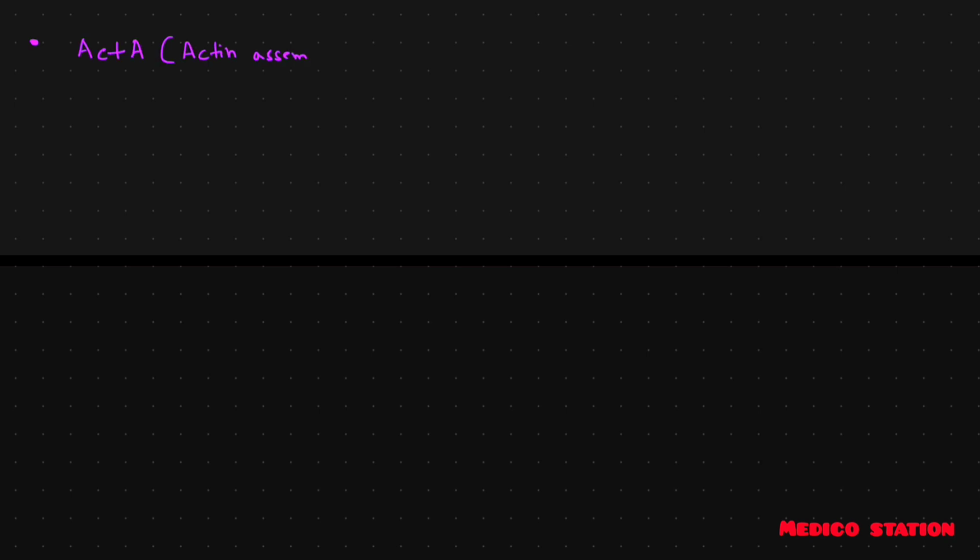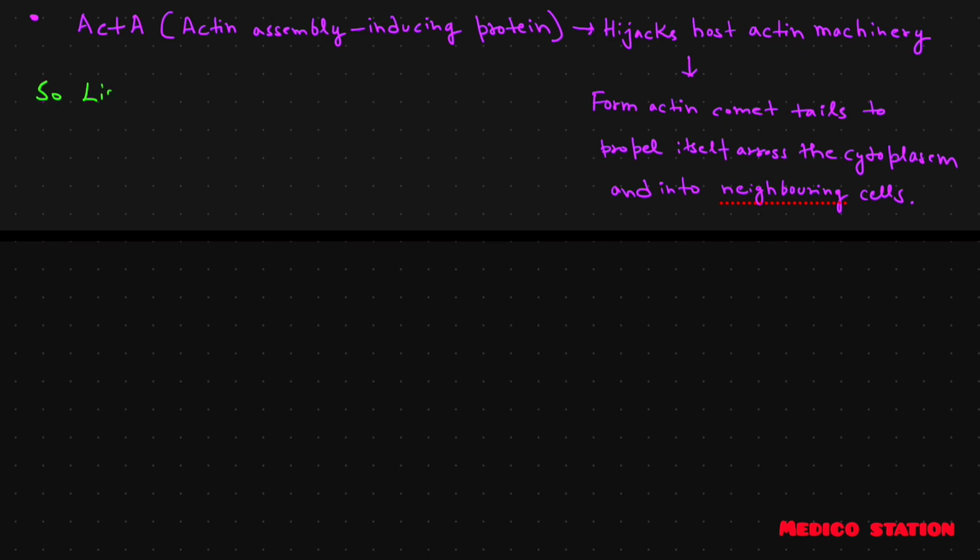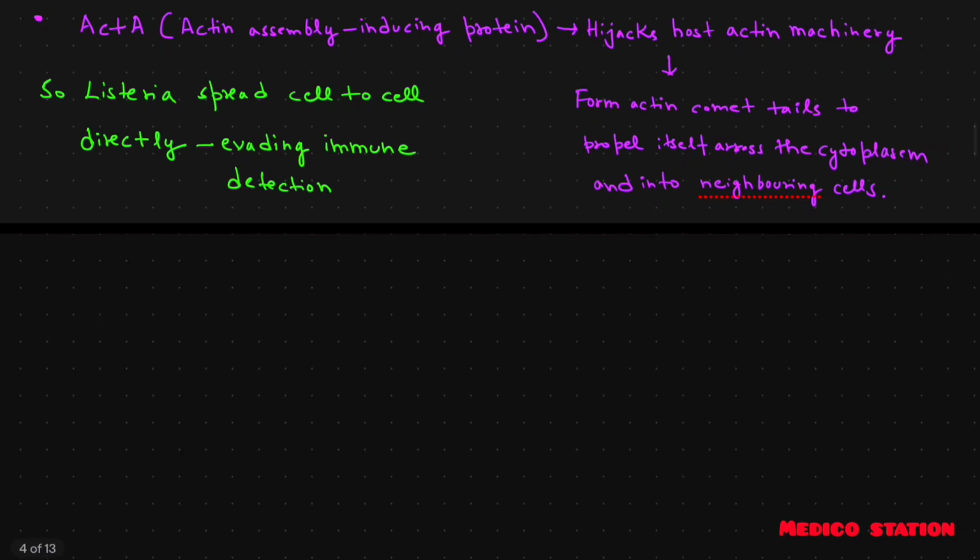Actin assembly inducing protein, known as ActA, hijacks the host actin machinery to form actin comet tails to propel itself across the cytoplasm and into neighboring cells. So Listeria spreads cell to cell directly, evading immune detection.